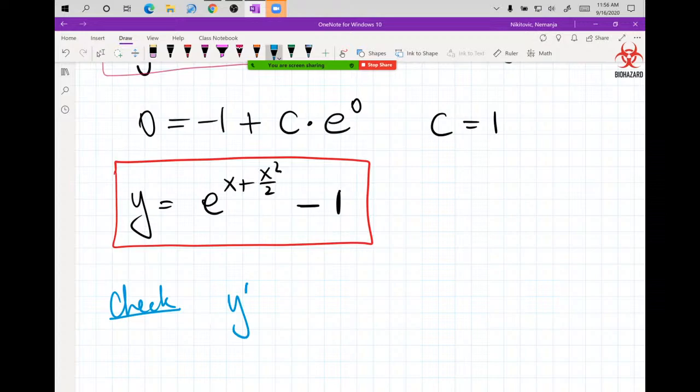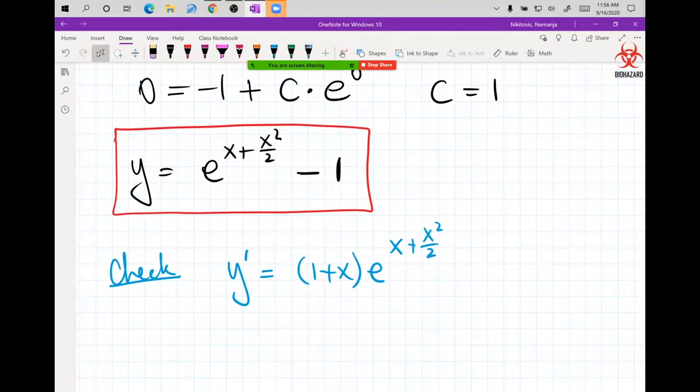So what's y prime? Y prime is going to be 1 plus x, that's the chain rule, e to the x plus x squared over 2, and then minus 1 is just gone. And I need to plug that into y prime is equal to 1 plus x plus y plus xy differential equation.